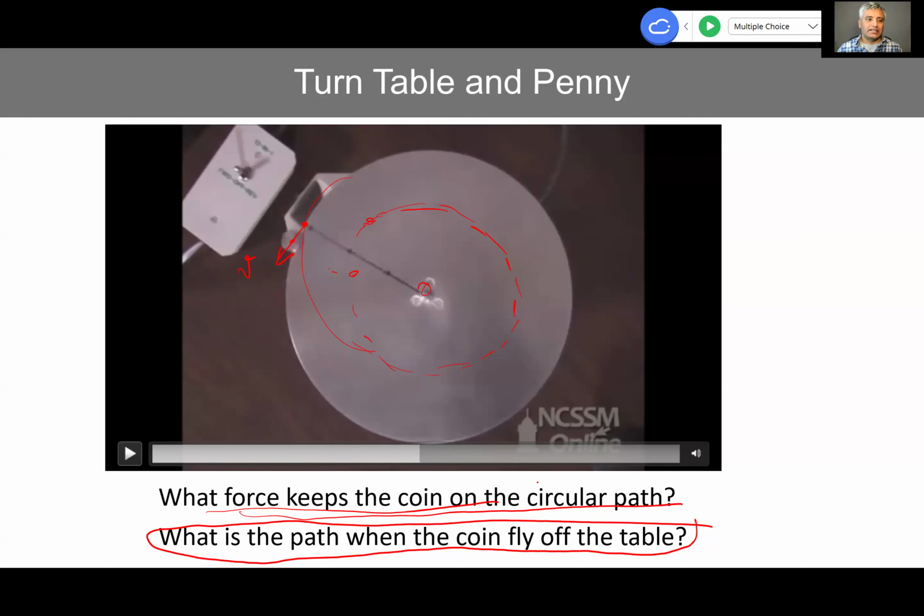And gravitational force is acting down, so that means it's not acting towards the center of the circle. And we noticed when it slides away from the center of the circle. So now in that case, it must be friction that's acting towards the center of the circle, okay?